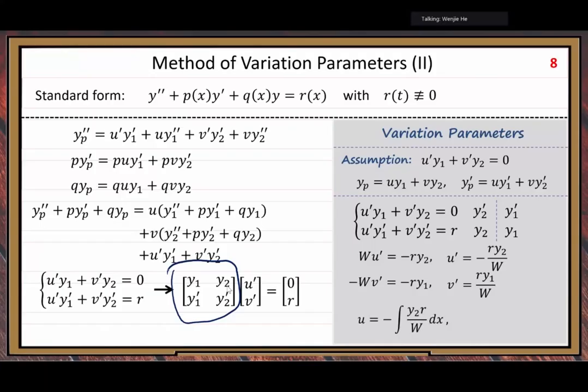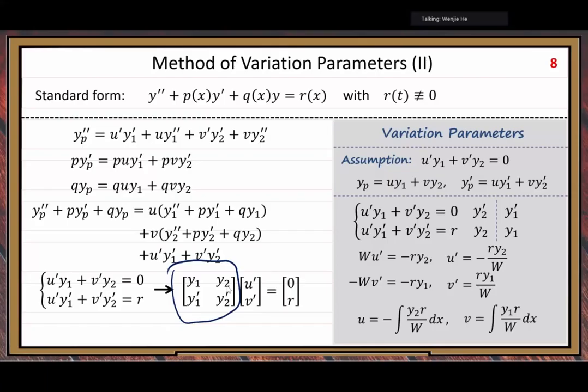Then we take the integral. For u, negative integral, the function inside the integral is known: y2 known, r known, W known. So we can calculate this integral. For the v function, y1 known, r known, W known, so we can also calculate v. So we can find both u and v.